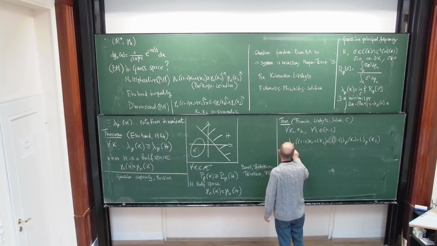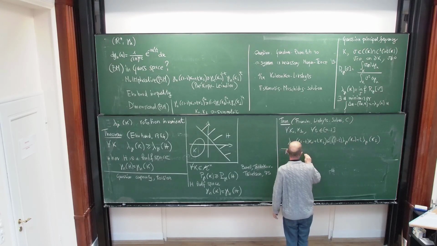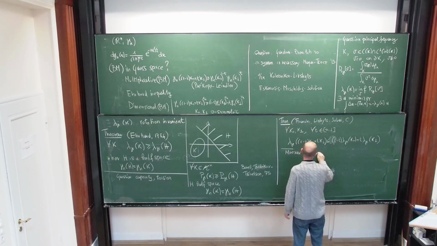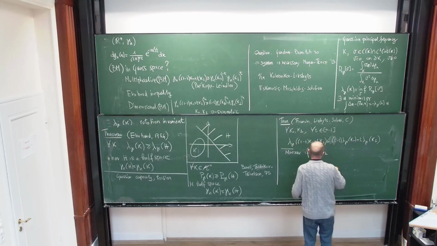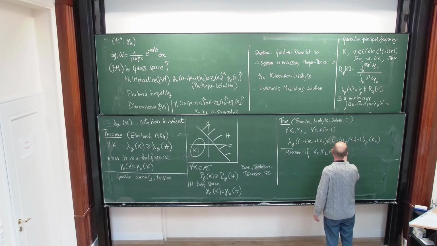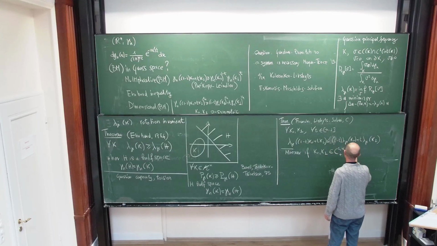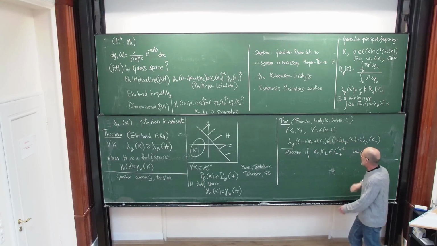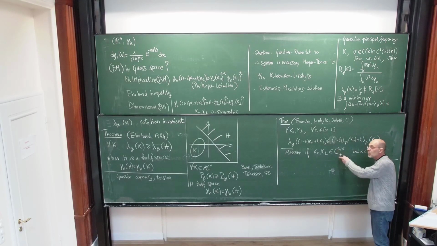And moreover, if K0 and K1 are regular enough, meaning C2 alpha plus for some alpha between 0 and 1, this means that it's not enough to be C2 plus, C2 and positive Gaussian curvature.